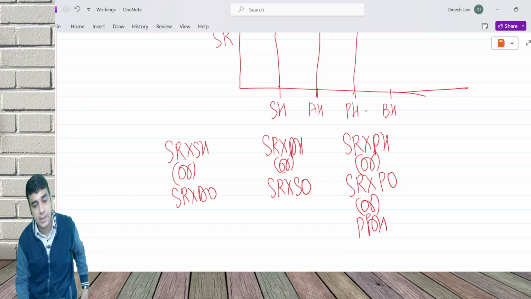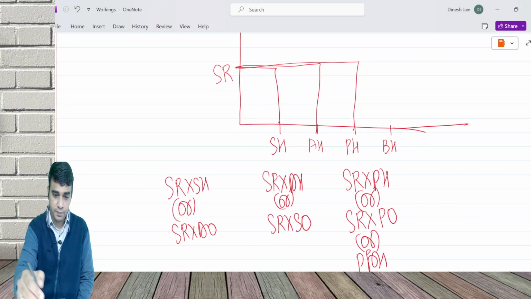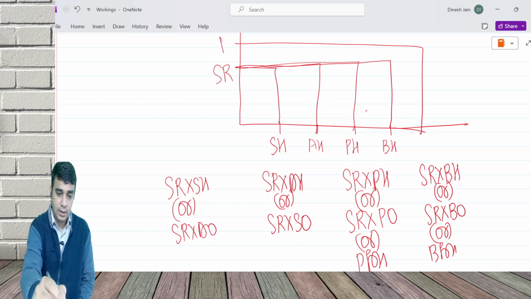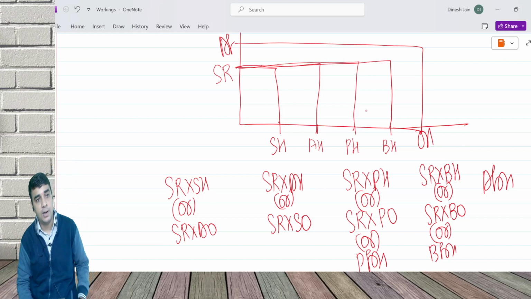Three names are there for this: SR into PH, SR into PO, RPFOH. Last one, SR into BH, SR into BO, RBFOH, and the outer part is called AFOH.